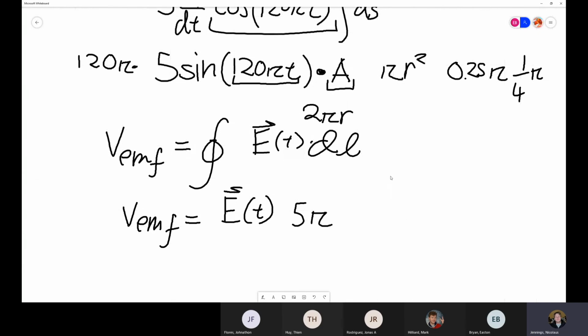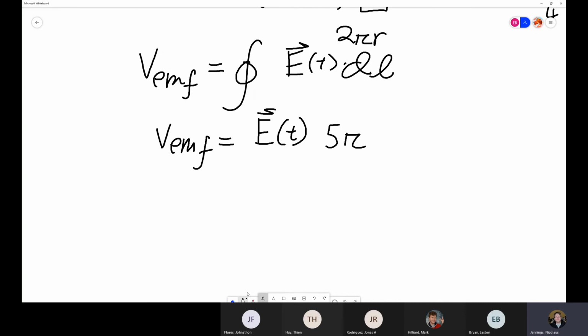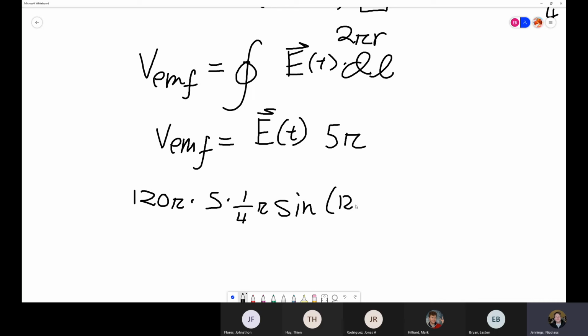Then we'll plug this all in and write out the full thing so you guys can see: 120 pi times 5 times 1/4 pi times sine of 120 pi t equals 5 pi E of t. Okay, now we can start canceling out some terms.